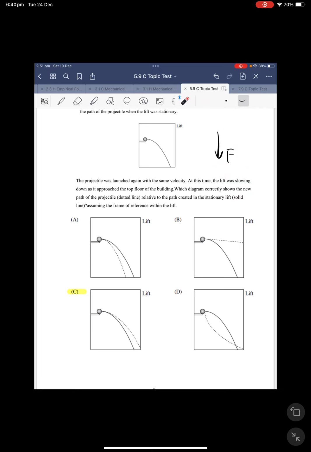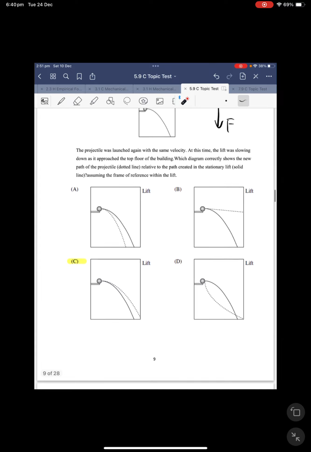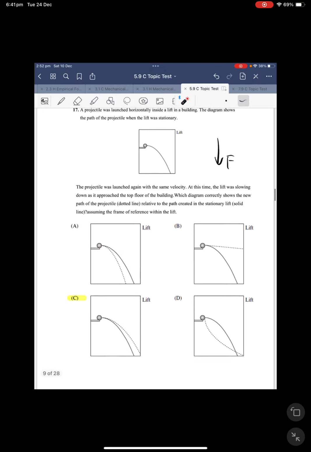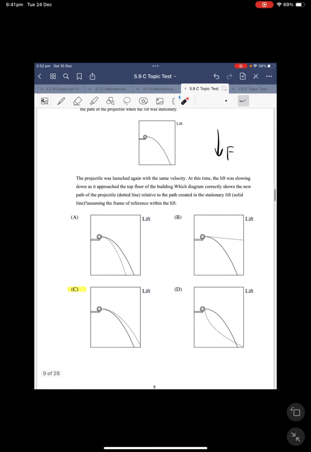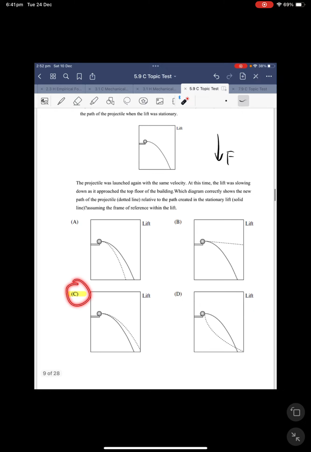But from the inside of the lift, the apparent weight of the ball is actually going to be lighter. And so it will follow this path as shown here. It's actually going to travel at a higher height than the trajectory that it took when it was stationary, and so the answer is going to be C.